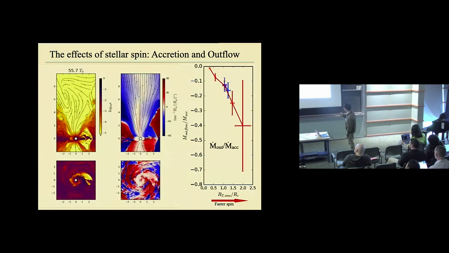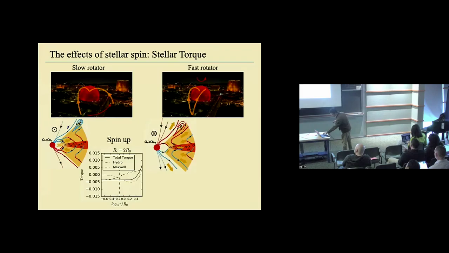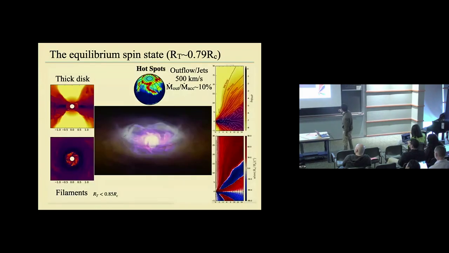Yeah, the outflow, yeah, so this is the flow structure. You have high velocity close to the pole, so this is very likely a low density jet, around 500 kilometers per second. So if you looked pole on at something like TW Hydra, maybe you could see it. Yeah, you could see a jet.